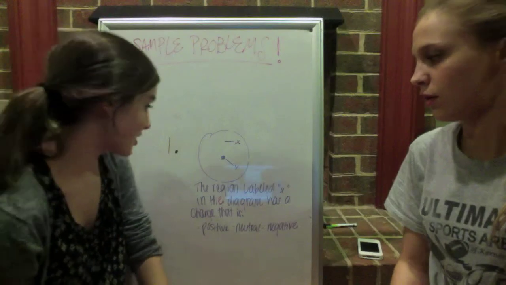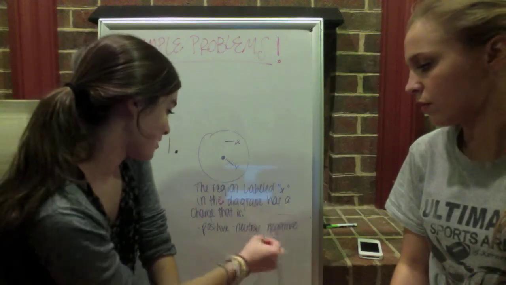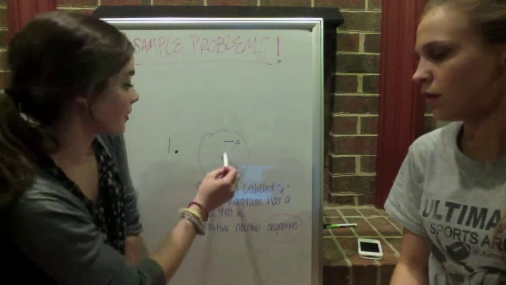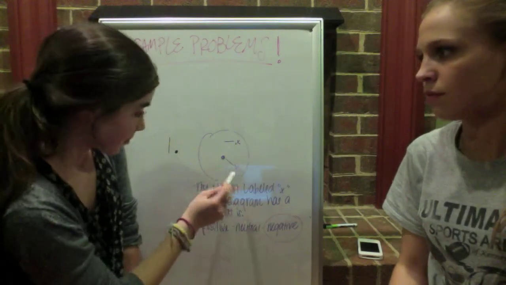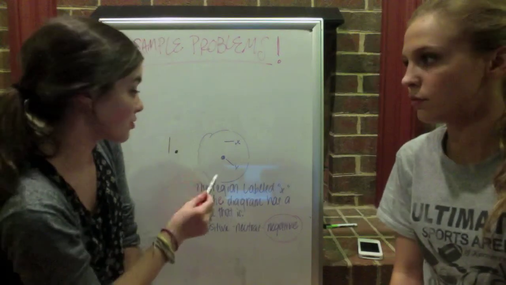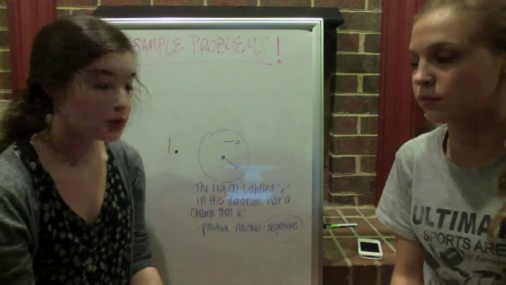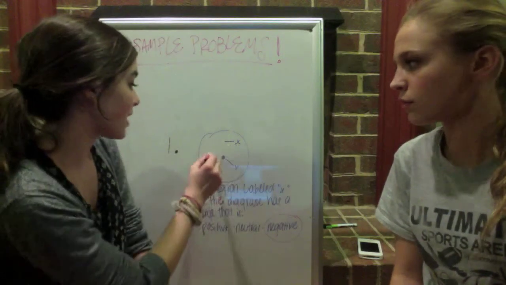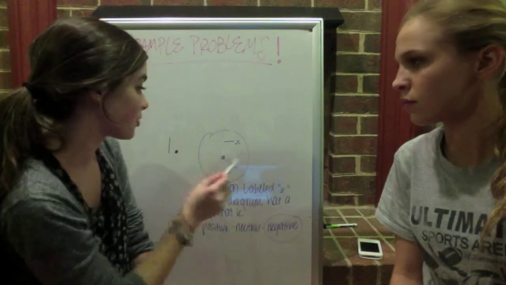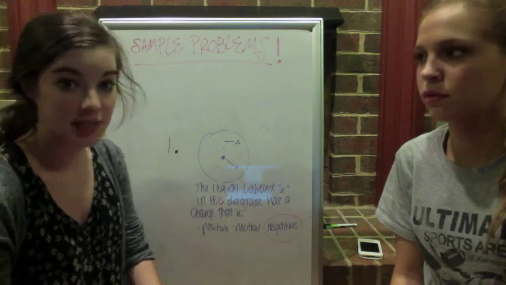And the answer is negative, because the nucleus contains the protons and the neutrons, and a proton has a positive charge and the neutron has a neutral charge, and the electrons are always outside of the nucleus, just floating around in the atom, and they always have a negative charge because they're electrons.